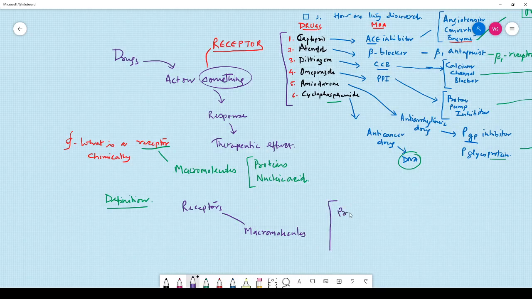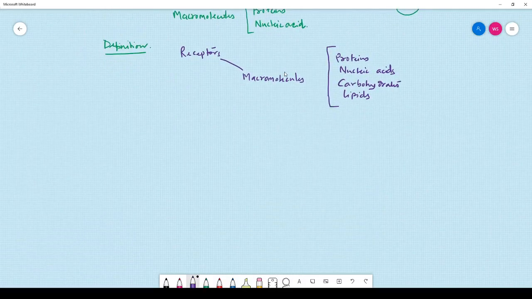They may be proteins, they may be nucleic acids, they may be carbohydrates, or they may be lipids. Okay. That are present on or within the cell.